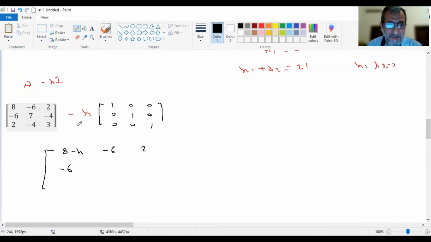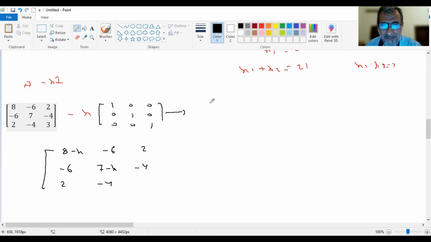And 7 minus this one, lambda times 1, lambda, so 7 minus lambda. Negative 4 minus 0, because lambda by 0 is 0, so it will be negative 4. And 2 minus 0, and negative 4 minus 0, and 3 minus lambda, because lambda times 1 is lambda. Why?